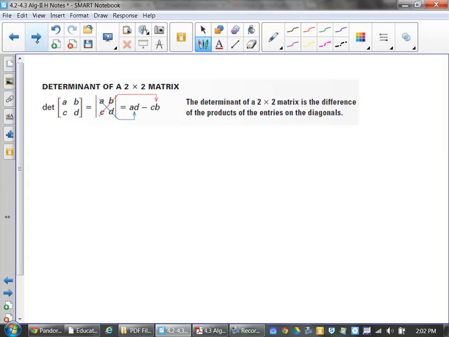Anyway, using a determinant is nothing more than multiplying diagonals and adding or subtracting diagonals. If you take a matrix and write the determinant of matrix 1, 2, 3, 4, this is a 2 by 2.